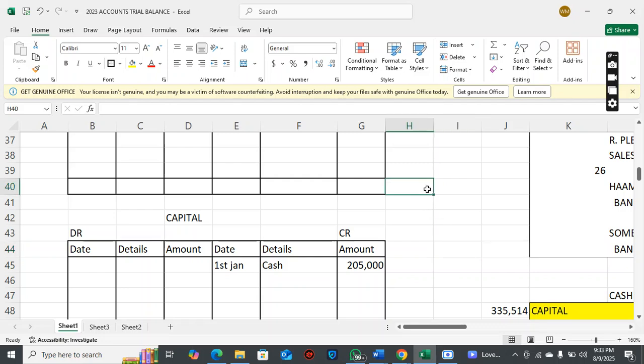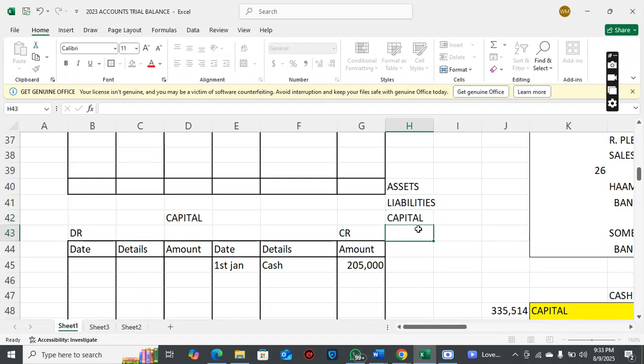Okay, then there are two types of accounts whenever you want to close these accounts at the end of the year. There are temporal accounts and there are permanent accounts. So the way they are closed is different. Permanent account examples are assets, liabilities, capital, drawings.